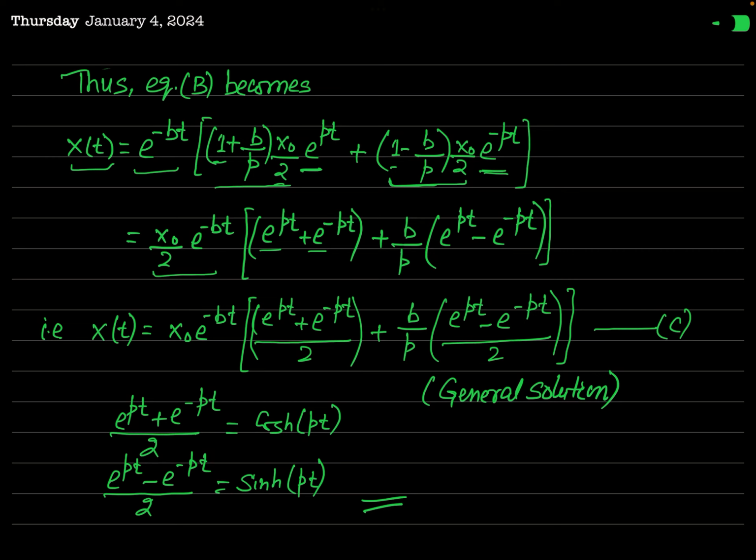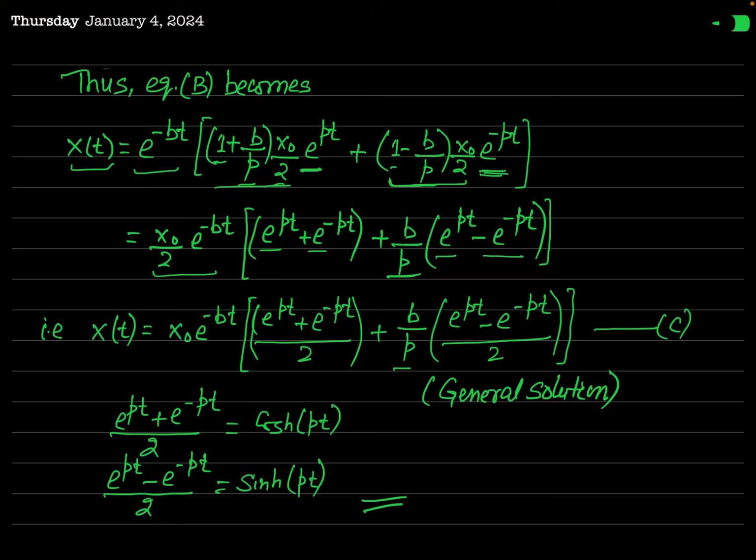Okay. Now the remaining terms: the first term will be what? This is b by p times e to the power pt. And here there will be minus b by p times e to the power minus pt. So you can take b by p as a common factor, and the remaining factor is e to the power pt minus e to the power minus pt. Okay.